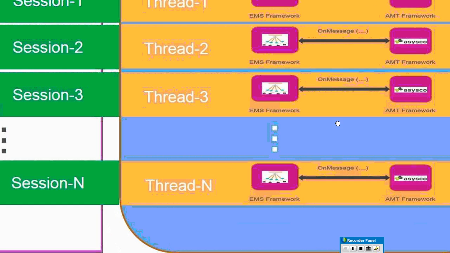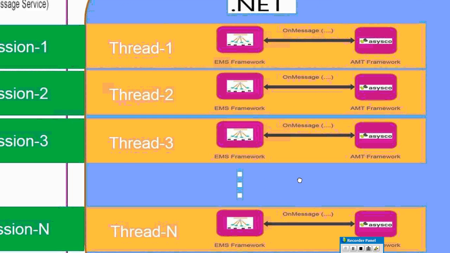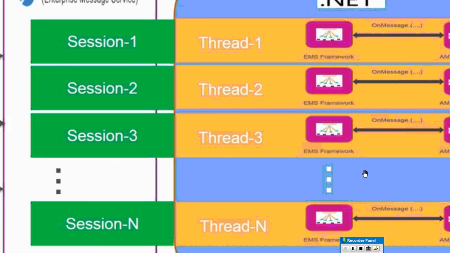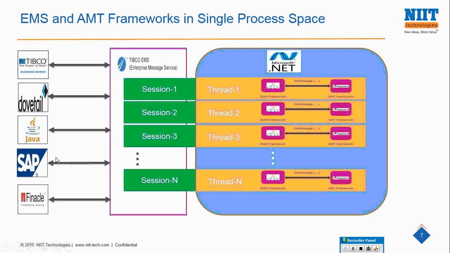And these are all done in parallel. That's the desired situation. And this is your typical EMS, and the consumers create the sessions, and then they do their work. That's the way they are coded to do the work.